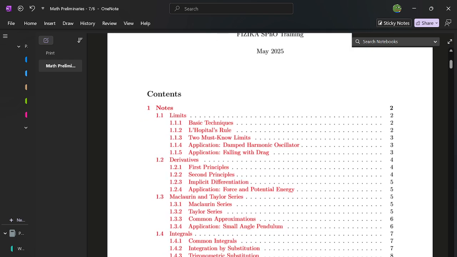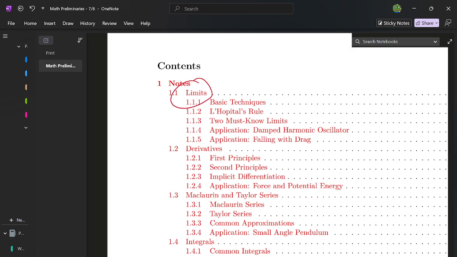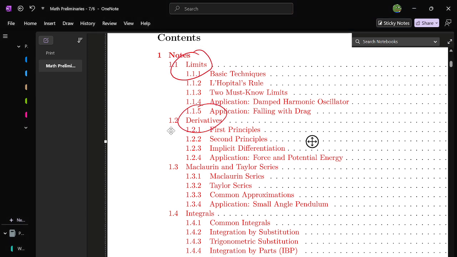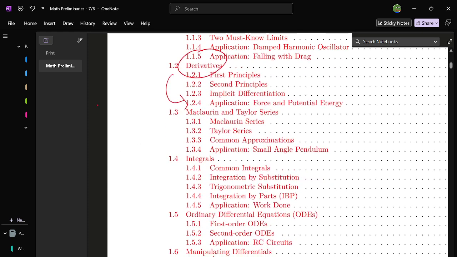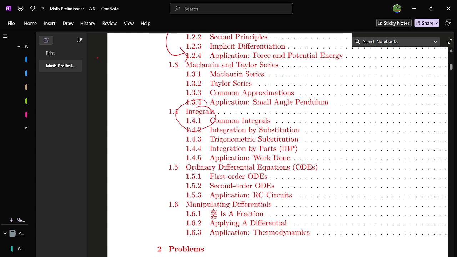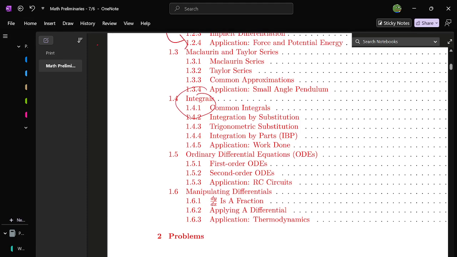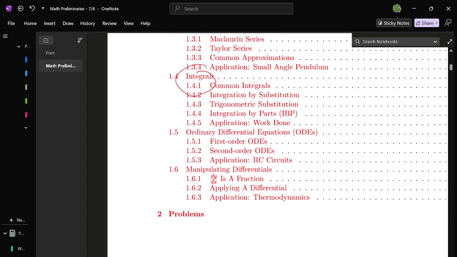It can be broken down into your limits, your derivatives, which also come under your Maclaurin and Taylor series, then your integrals, and importantly your ODEs, or ordinary differential equations, which are super important in physics.